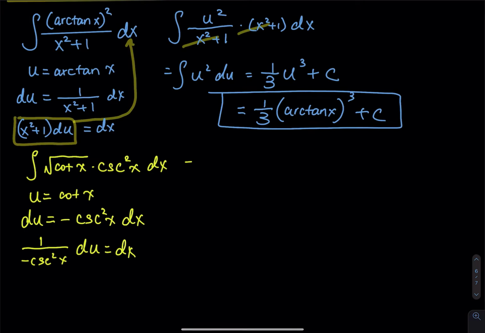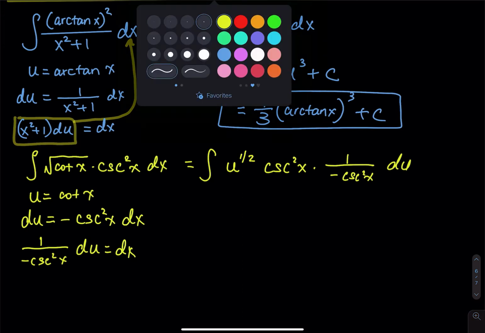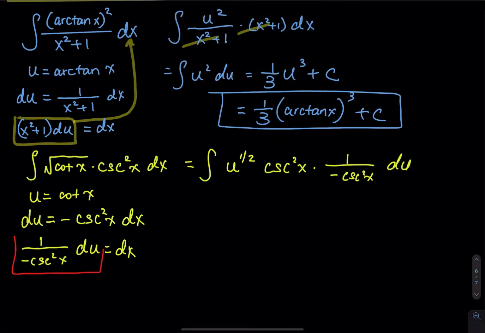We rewrite that: the integral of square root of u, which is u to the 1/2 power, and then cosecant square x times 1 divided by negative cosecant square x du. The reason we do this is we replace the dx with this piece.